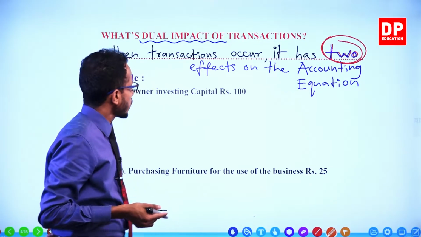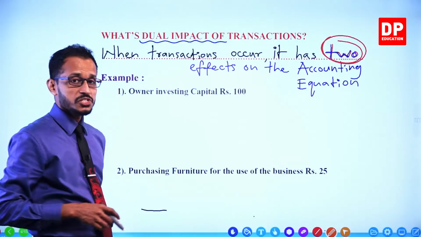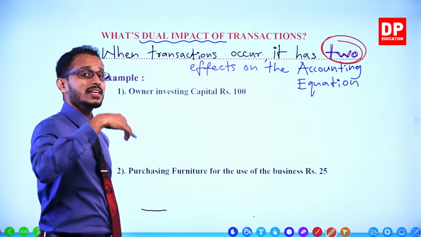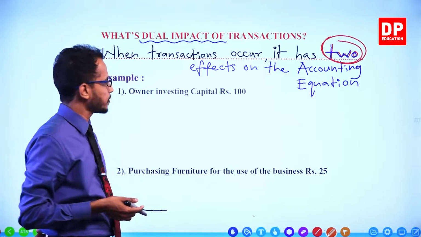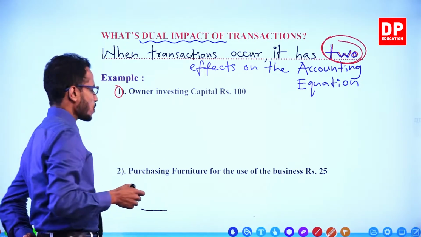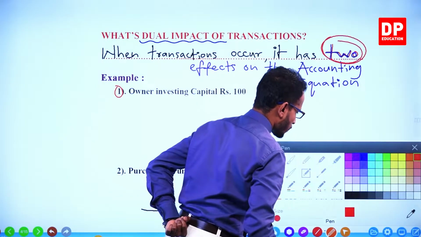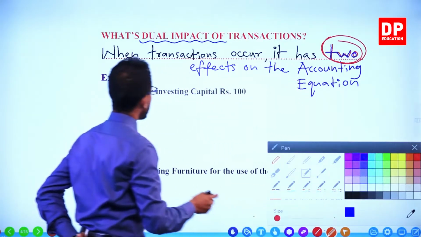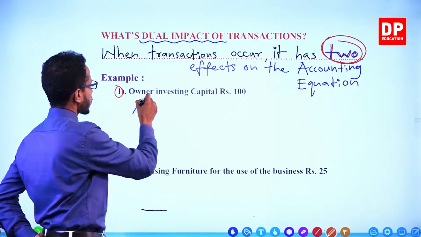And just like we did in our previous sessions, we'll check how these transactions make the dual impact on the accounting equation. First transaction, let's go with this one. I'm going to write the accounting equation.